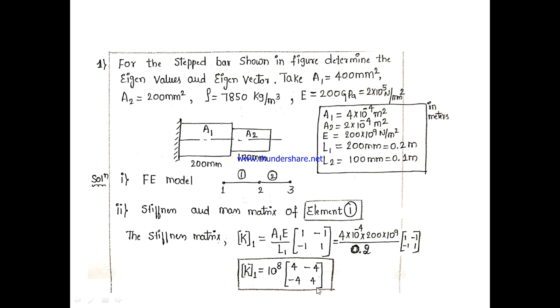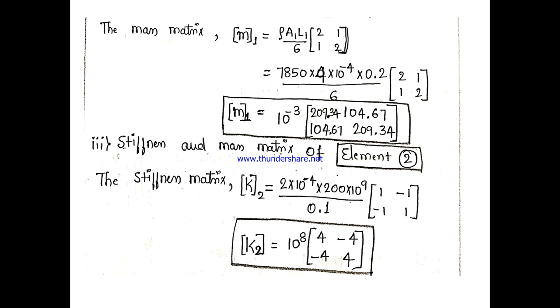Next, the mass matrix. The consistent mass matrix for the bar element is M equal to rho A1 L1 by 6 times the matrix [2 1; 1 2]. We have already derived how we got this mass matrix. If I substitute rho as 7850, be careful: rho should always be in kg per meter cube, and all the values of length, area and Young's modulus should be in meters.